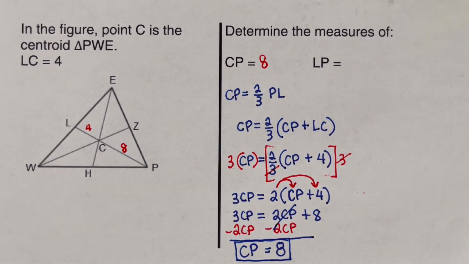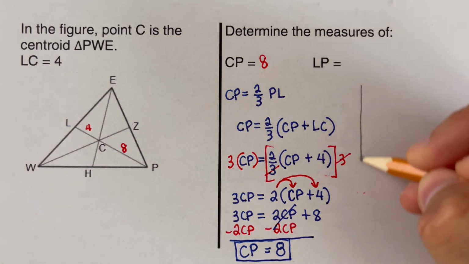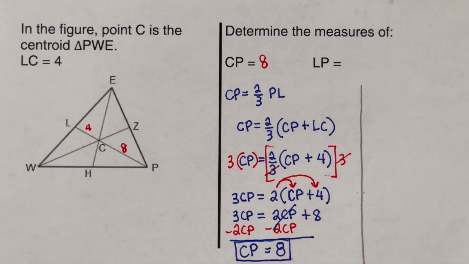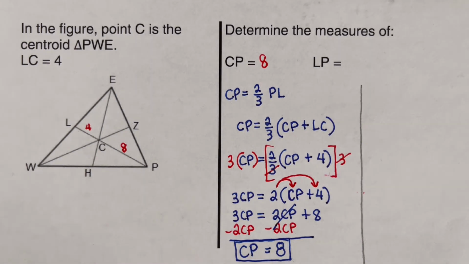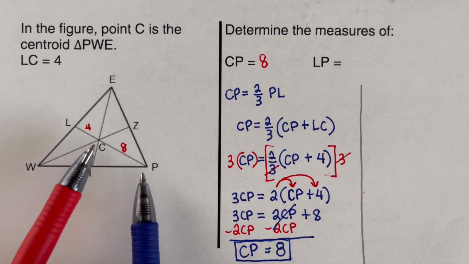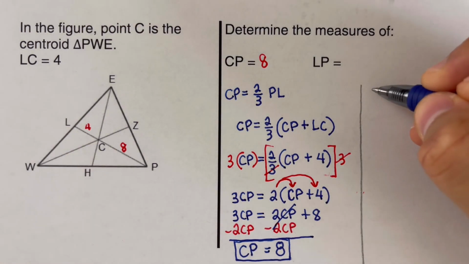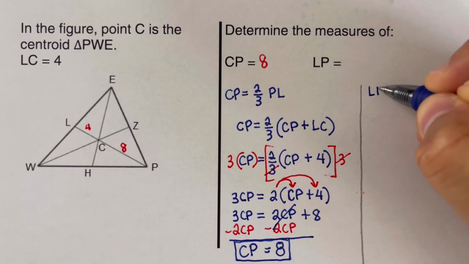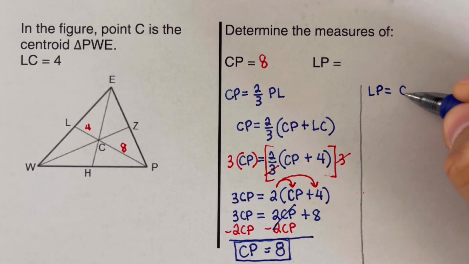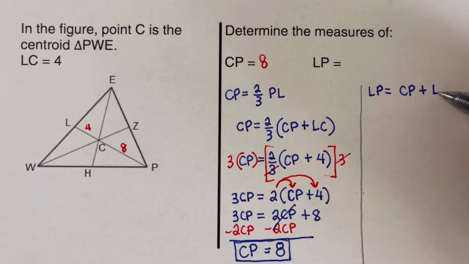Now we wanted to solve for LP. LP is the whole thing. Again, we are going to use the segment addition postulate that if we add CP plus LC is equal to the whole thing. So we can go ahead and rewrite this as LP is equal to CP plus LC.